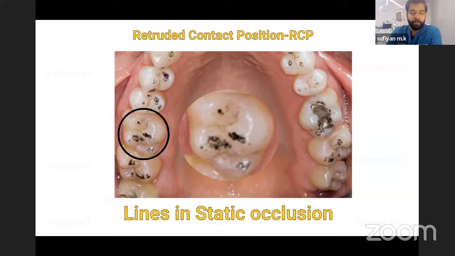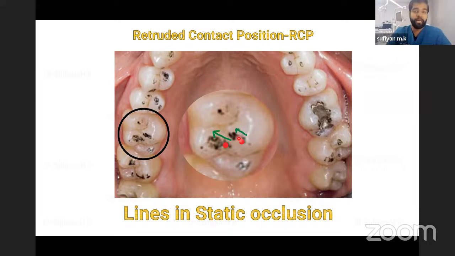Ideal occlusal points for this molar are 2 palatal cusps, 1 central fossa, and the medial marginal ridge. You are having these 2 points here. This is fine, but the drag marks are there. So when the patient is biting, open and close, it is dragging towards the lateral movement. That's why you are having a line here.